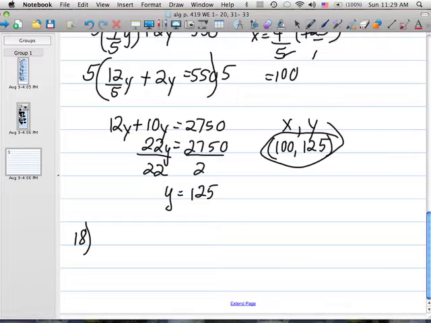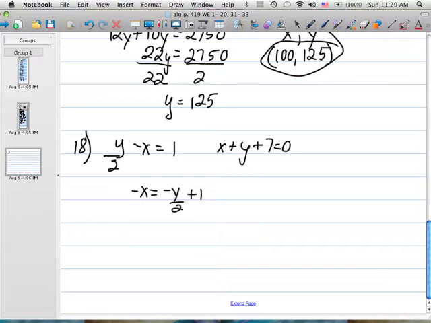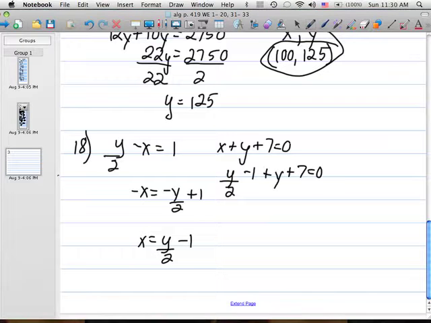Number 18, y over 2 minus x equals 1, and then we have x plus y plus 7 equals 0. Well, we could solve this one for x. It really doesn't matter. So I would subtract y over 2 from both sides, and then multiply by -1, so x equals y over 2 minus 1. Substituting that in for x, I get y over 2 minus 1 plus y plus 7 equals 0.